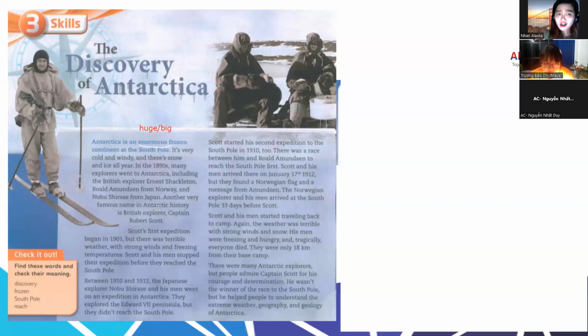Because how can you understand the entire piece if on the first line you don't already know the meaning? What is enormous?